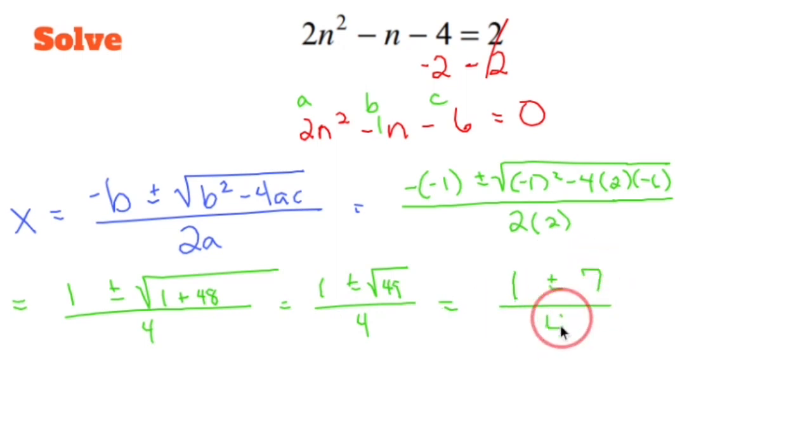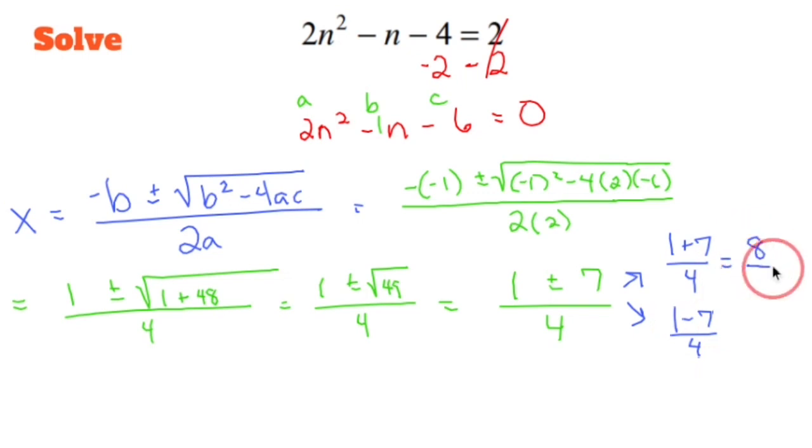Now at this part, we are going to split this up into 2. One is going to be 1 plus 7 over 4, because it's positive or negative, and the other one is going to be 1 minus 7 over 4. 1 plus 7 over 4 is 8 over 4, which becomes 2.